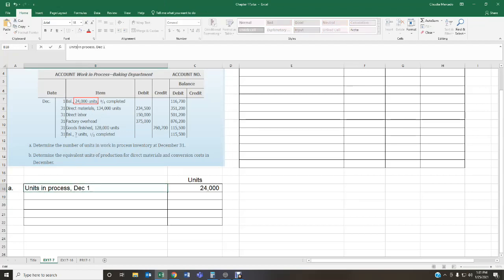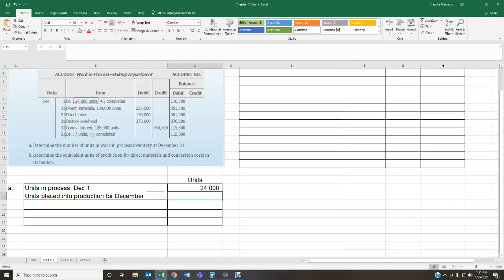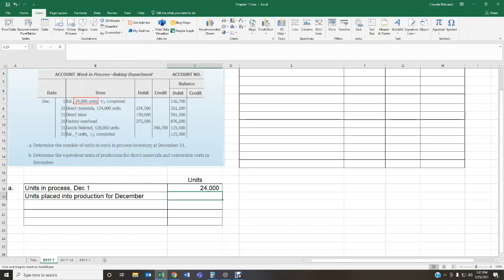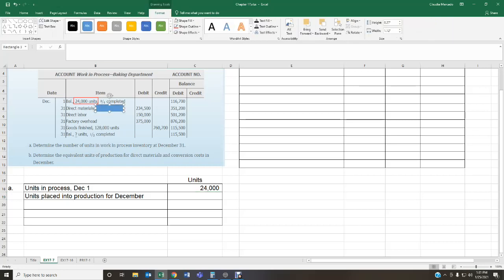Units. Missing an S. There we go. Okay? Now, how many more units did we start producing in December? Well, it says that we started producing units placed into production for December. It says right here that we put into production 134,000 units.